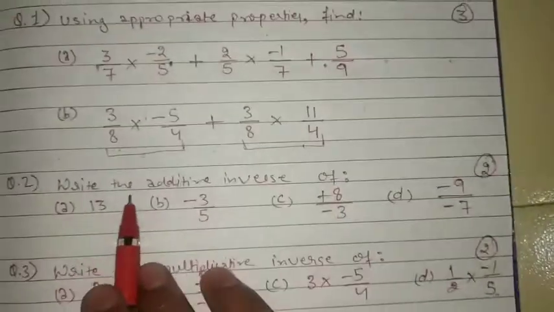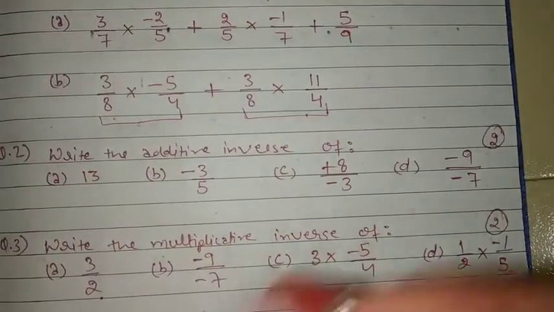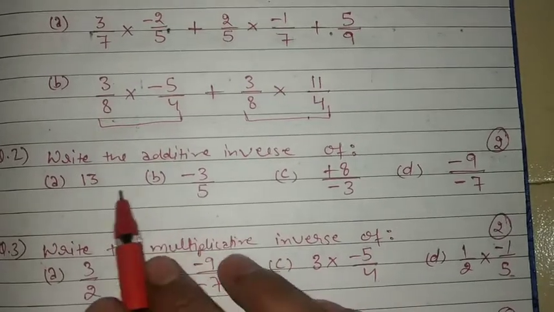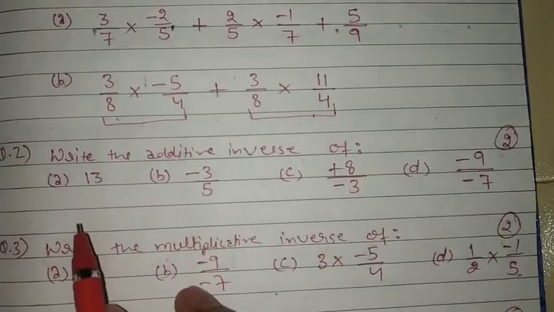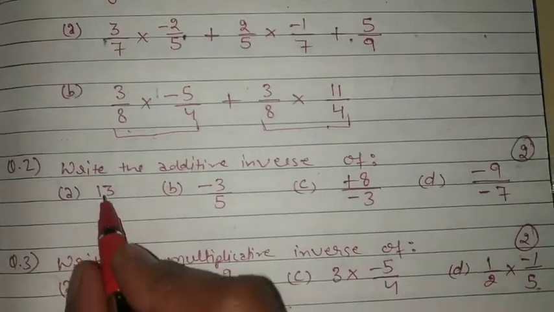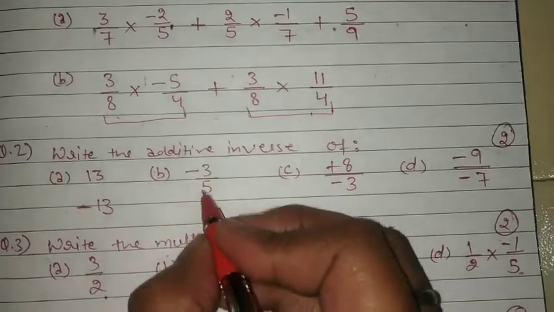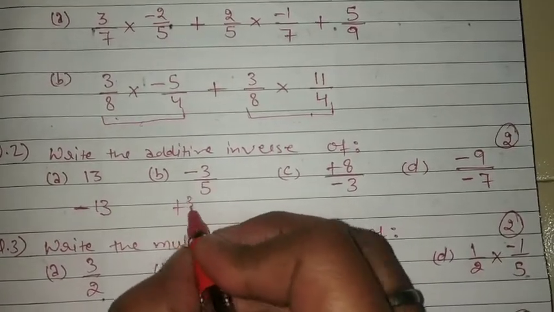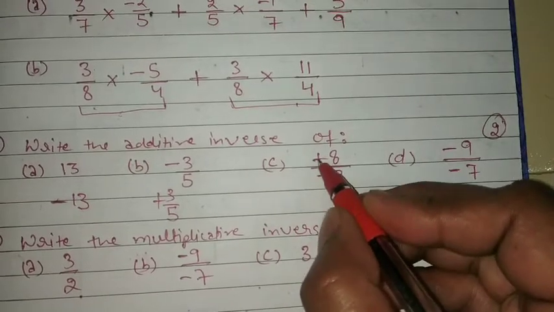Now for the second question, I asked for the additive inverse of the given rational numbers. I already told you that to find the additive inverse we simply change the sign of the number. So for plus 13 the additive inverse will be minus 13. For minus 3 by 5 it will be plus 3 by 5. Now plus divided by minus is minus, so in standard form this is minus 8 by 3.